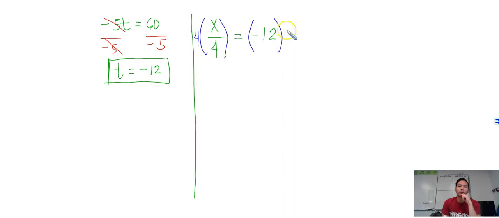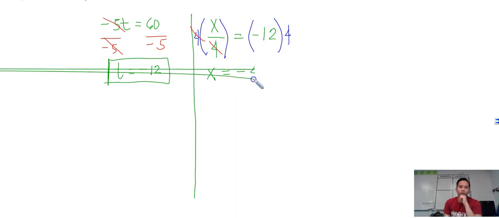So I'm going to multiply that with 4, and that with 4, so that this will cancel. So the remaining there would be x is equal now to negative 48.